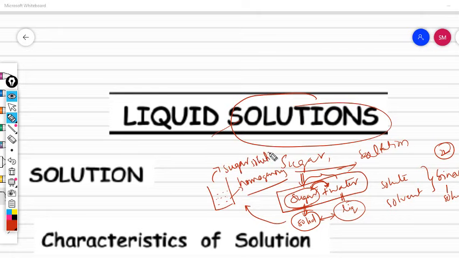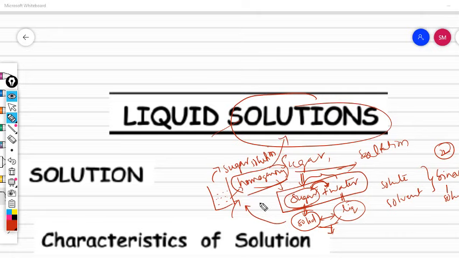So what is meant by solution? A solution is a mixture of two or more components, which results in a homogeneous phase. Okay, homogeneous phase, or you can say a homogeneous mixture of two or more components is called a solution.